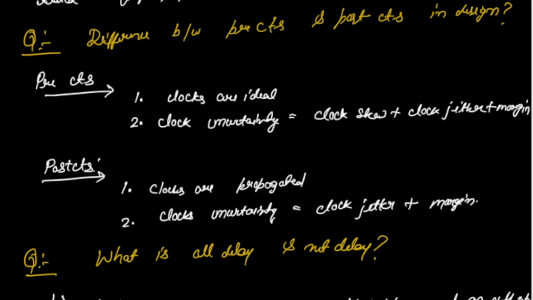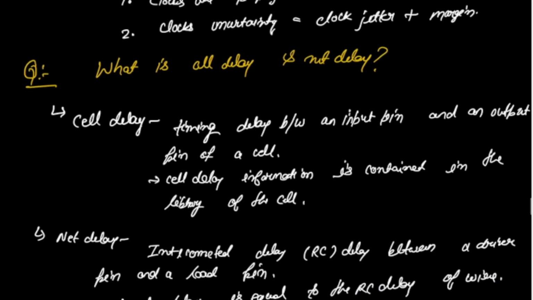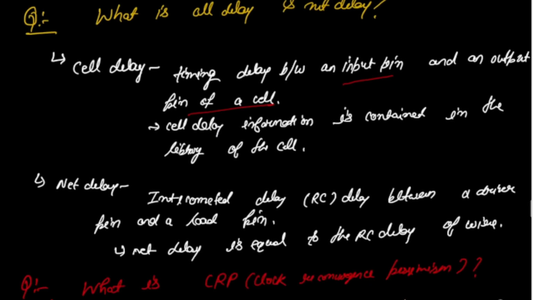Next question is, what are cell delay and net delay? Cell delay is the timing delay between an input pin and an output pin of the cell. Cell delay information is contained in the Liberty file, the .lib file. Net delay is the interconnect delay, the RC delay between the driver pin and the load pin. Net delay is equal to the RC delay of the wire, based on the resistance and capacitance values of the net.